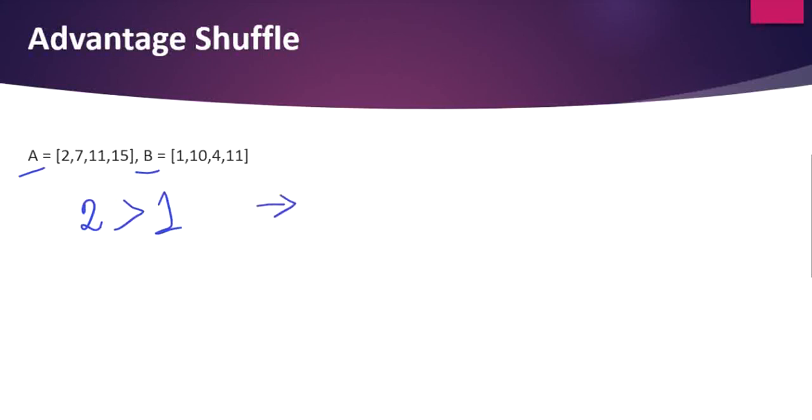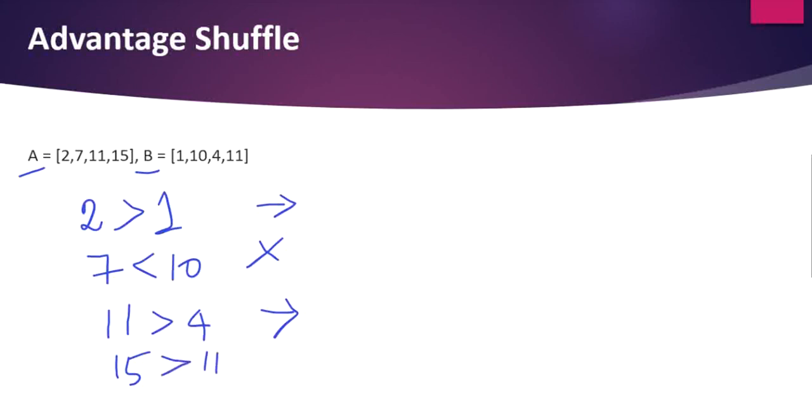Moving on to the next index, the value is 7 and the value in B is 10, which is less than 10, so it does not have an advantage. Moving on to the third index, 11 is greater than 4, so this is an advantage, and at the last index 15 is greater than 11, which is again an advantage. So this position is not giving us an advantage because the value in A is less than the value in B.